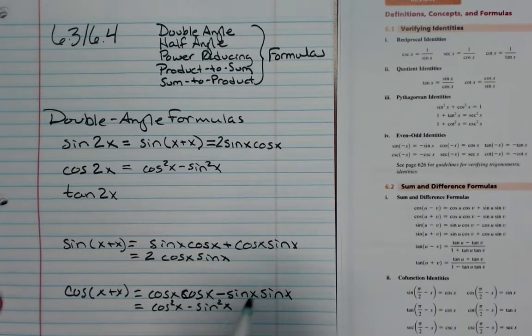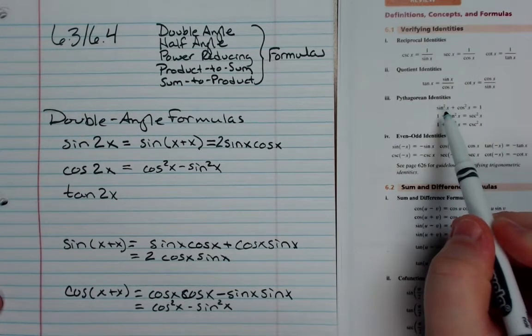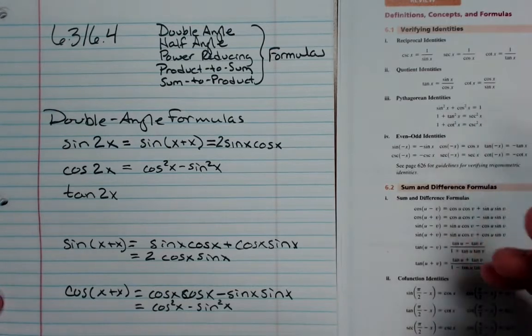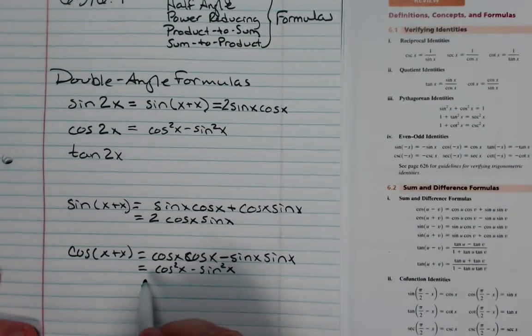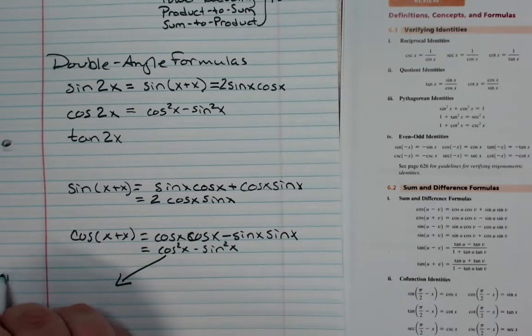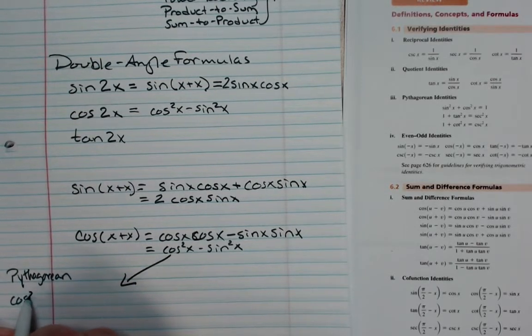Then we have our Pythagorean identities over here, so I can do 2 different things with this. By our Pythagorean identity, we have cosine squared plus sine squared equals 1.